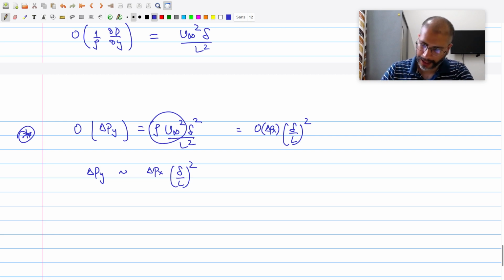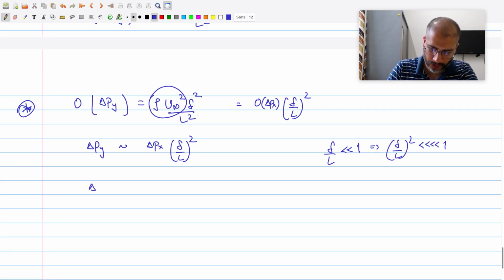And remember, this delta by L was much less than 1, so the square of that is much less than 1. So delta p y is much less than delta p x.